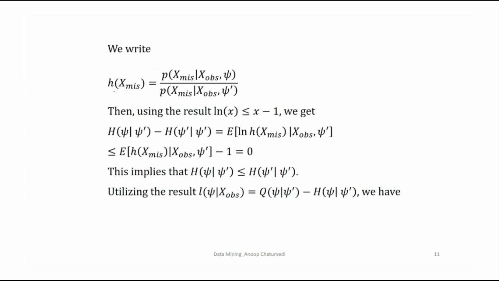Now we write x missing equal to P(x missing given x observed, psi) divided by P(x missing given x observed, psi dash). So this ratio is H. Then we make use of this result: log x is less than or equal to x minus 1.